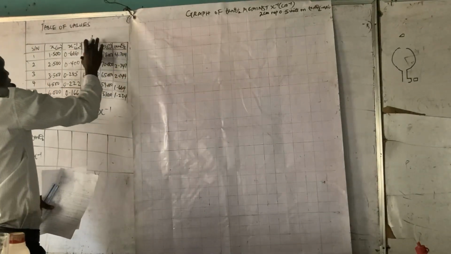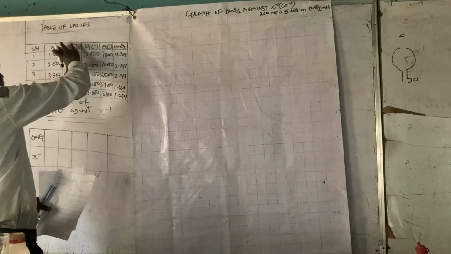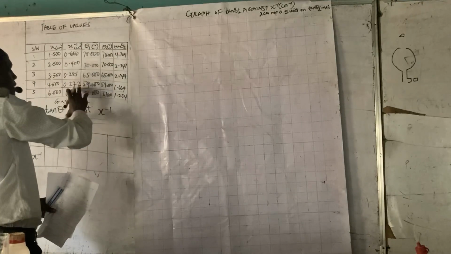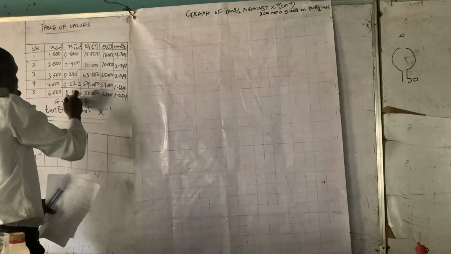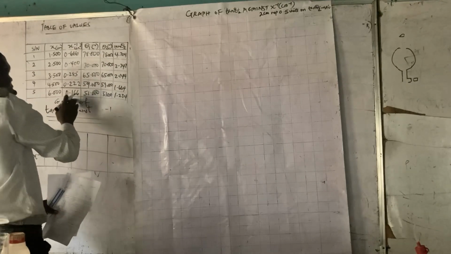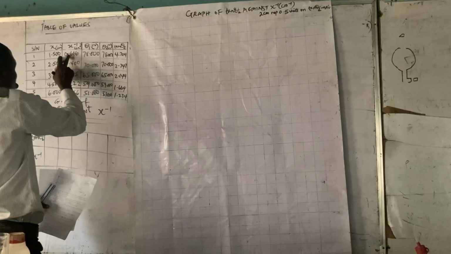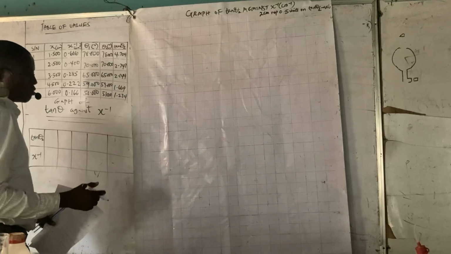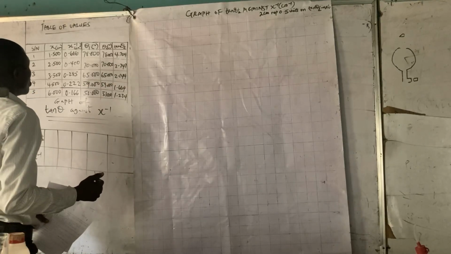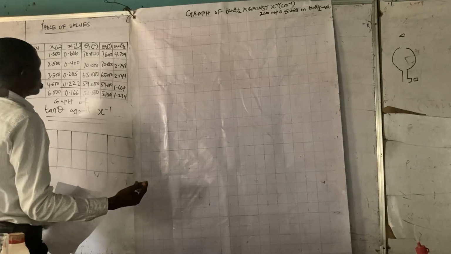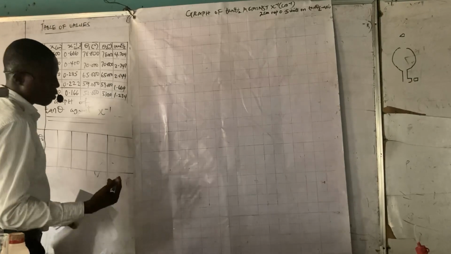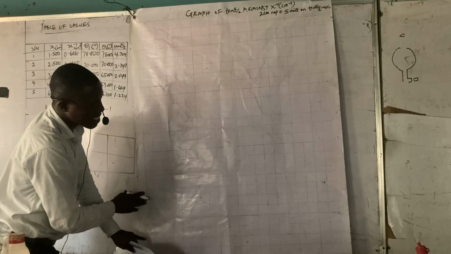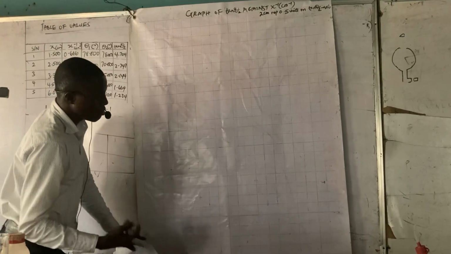The next one is the x inverse. What does x inverse involve? The highest number under x inverse is 0.6. If you use 0.05, 0.05 times 10 will give you 0.5, so you'll be able to get there.